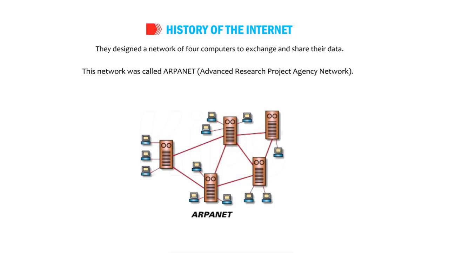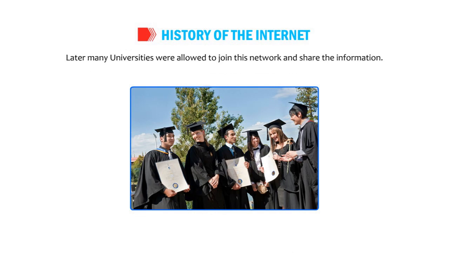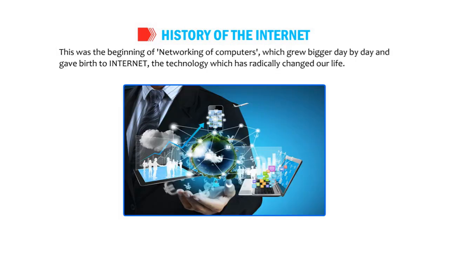This network was called ARPANET, Advanced Research Project Agency Network. Later, many universities were allowed to join this network and share the information. This was the beginning of networking of computers, which grew bigger day by day and gave birth to the internet, the technology which has radically changed our life.